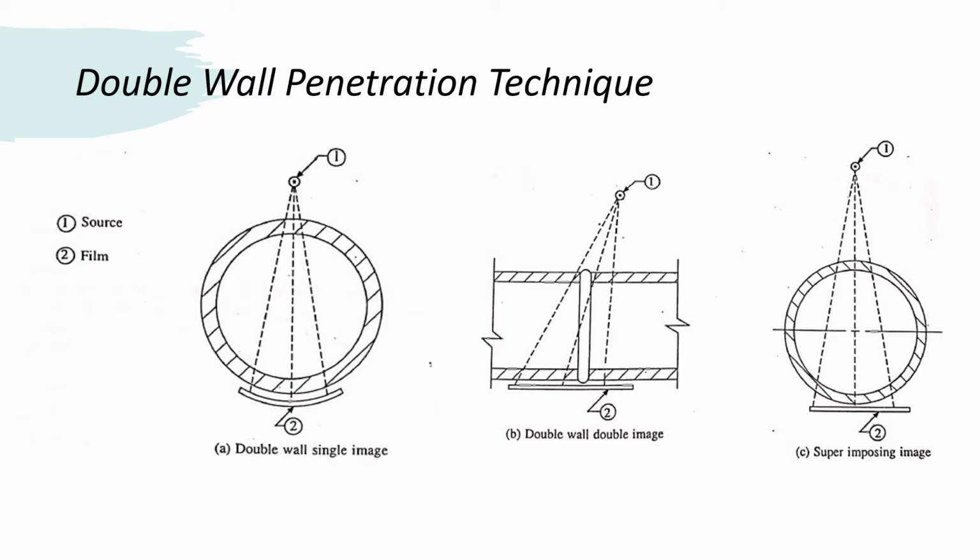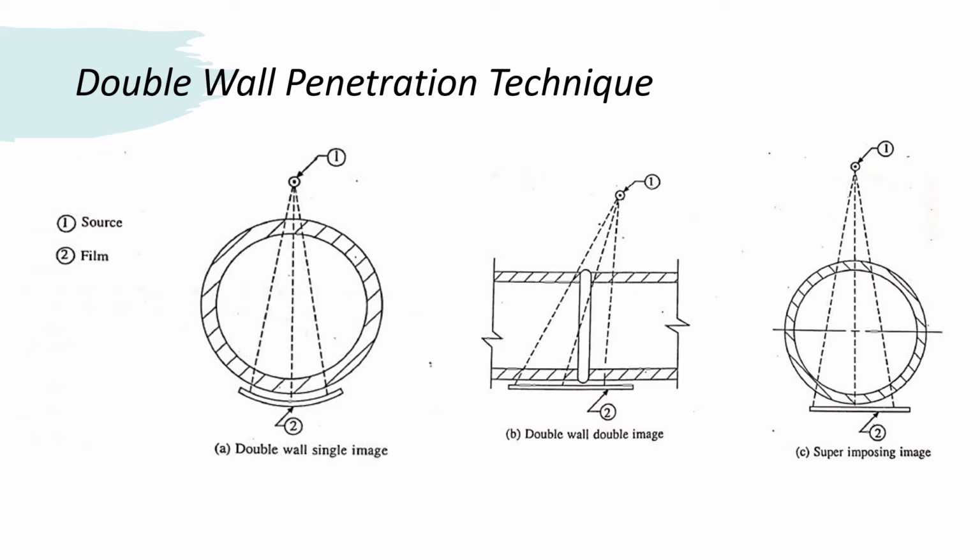Third one is the superimposing technique. This technique is attempted whenever the required offset to obtain a double image is not possible due to site restriction, for pipes with diameter up to 90 mm outer diameter. The source is kept at a distance without offset.